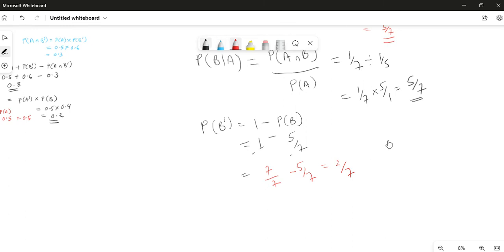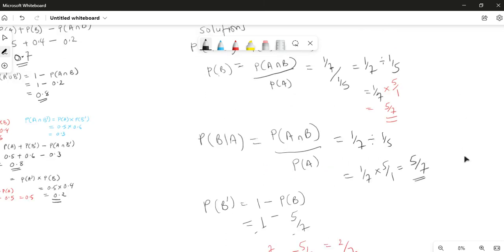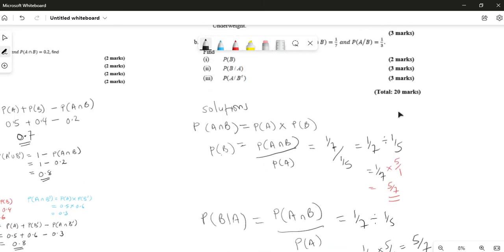Now I'll find the probability of A intersection B complement, because we're going to need this one. So that's the probability of A times the probability of B complement. What was the probability of A? Let's check it here.